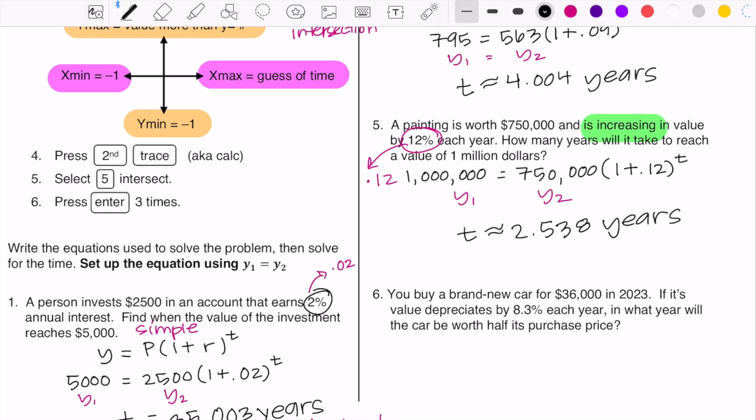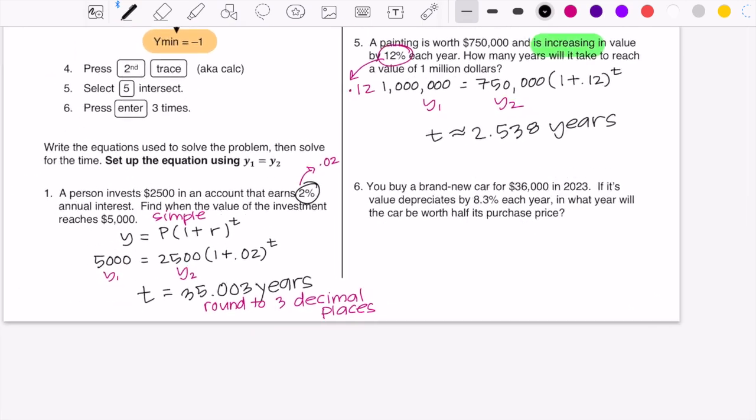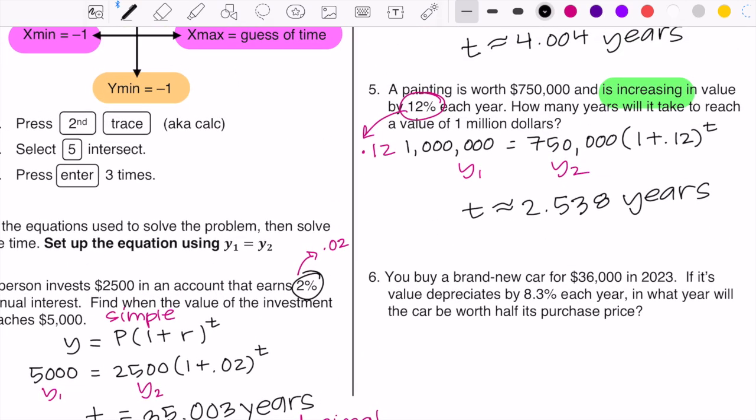And our last problem, slightly different, but that's okay. We will see how we do this, okay? So this one says you buy a brand new car for $36,000 in 2023, if its value depreciates. So depreciates is a word. Appreciate increases, depreciate decreases.